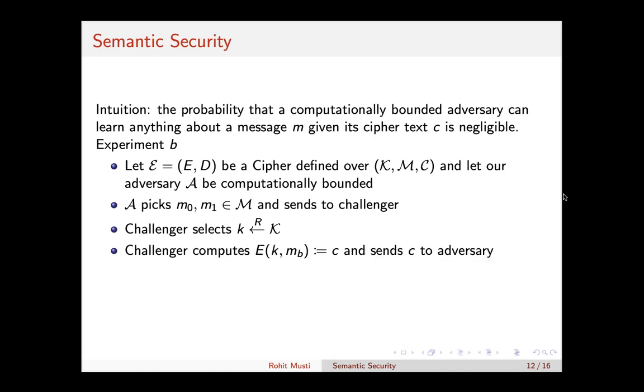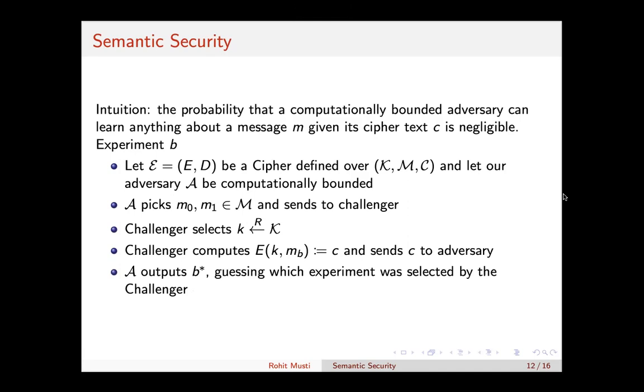The challenger then computes the encryption of M sub B under the key, where B is the experiment bit, so remember, 0 or 1, and computes C, and then sends C to the adversary. The adversary outputs B star, which is the adversary's guess of which experiment was selected by the challenger, or maybe more clearly, which message was encrypted by the challenger.